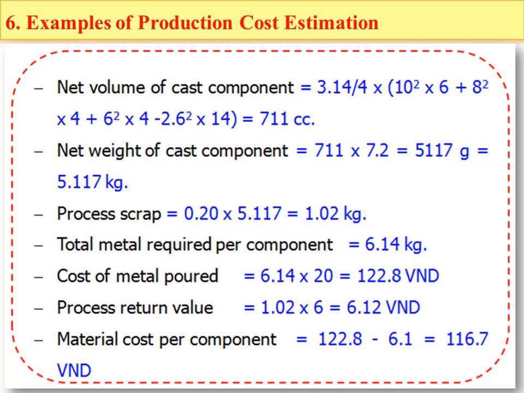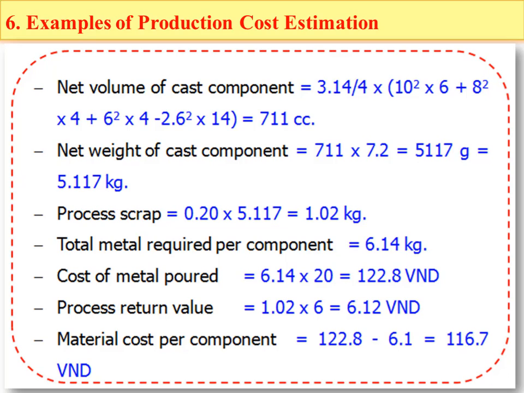So we have 711 cc, and the net weight of the cast component is calculated by the net volume of the cast component multiplied by the density of material. So we have 5.117 kg.